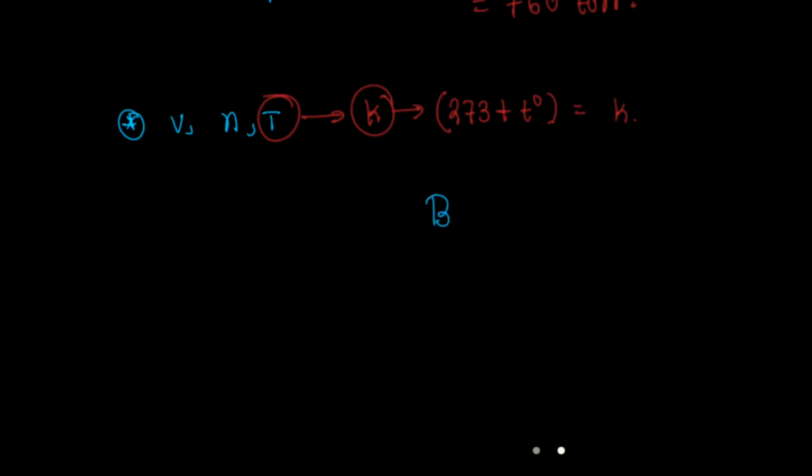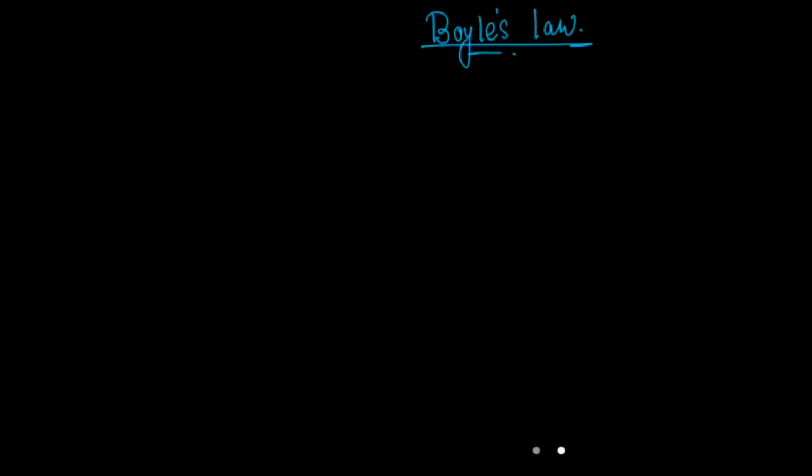Okay, let's start with Boyle's law first. Now, what is there in Boyle's law? So according to Boyle, how many parameters were there? How many variables? Pressure, volume, temperature, and number of moles.